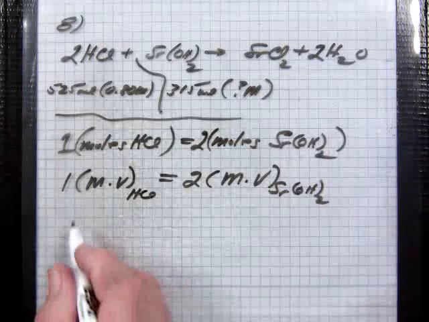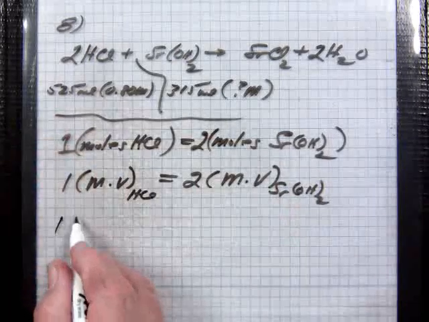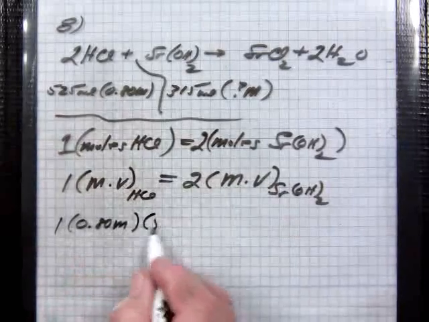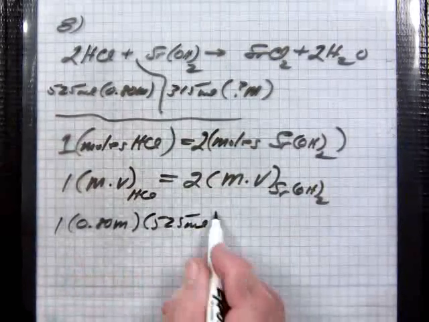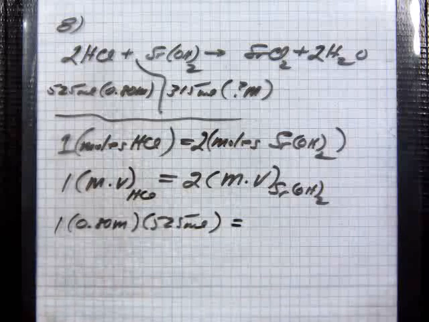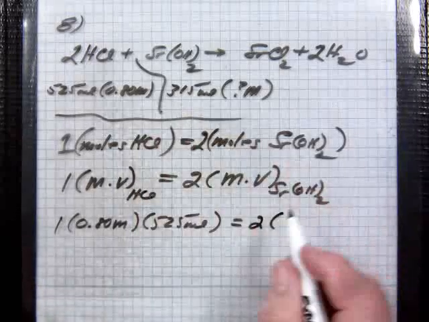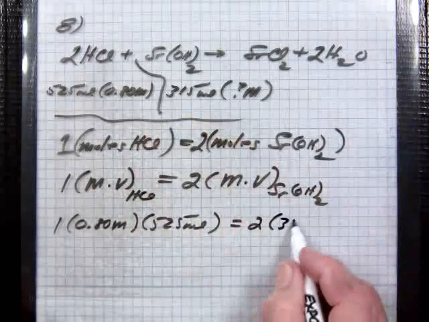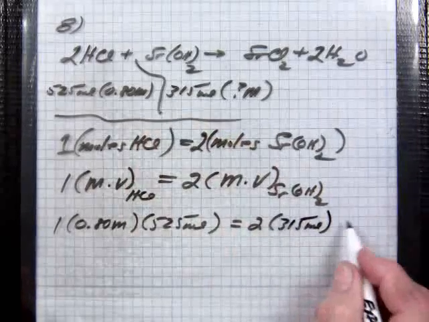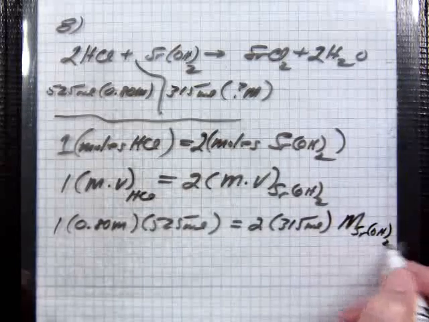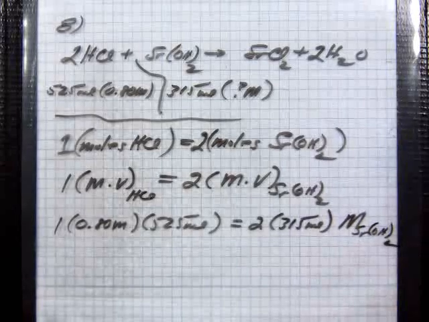Plugging in the appropriate data, we have 0.80 molar times 525 milliliters. We can leave it in milliliters since both sides have the same units. And then 2 times the volume, here 315 milliliters, and then finally the molarity of the strontium hydroxide is what we're solving for.